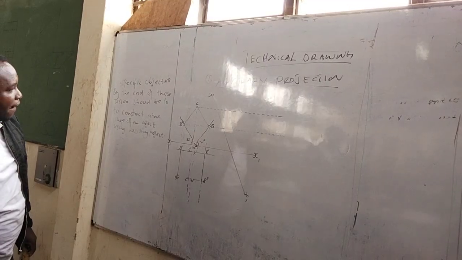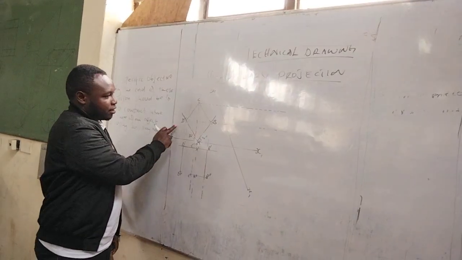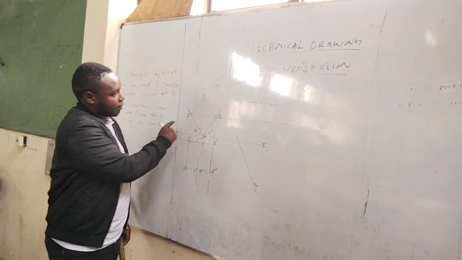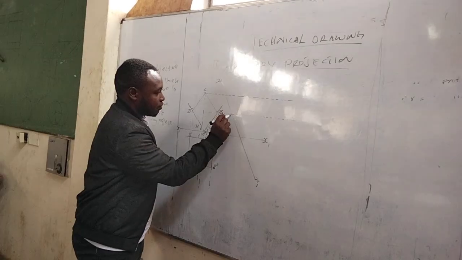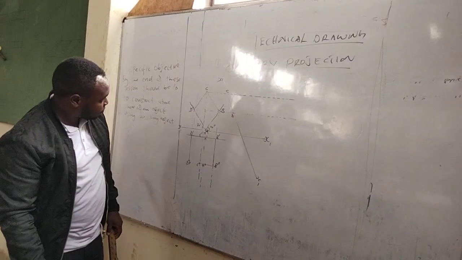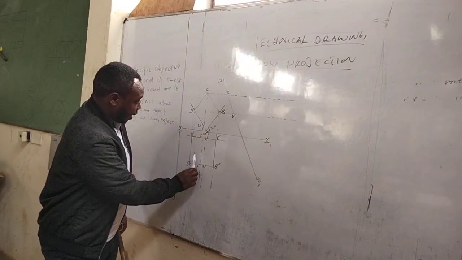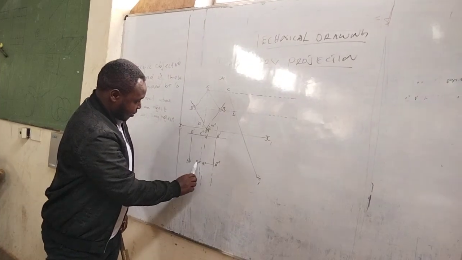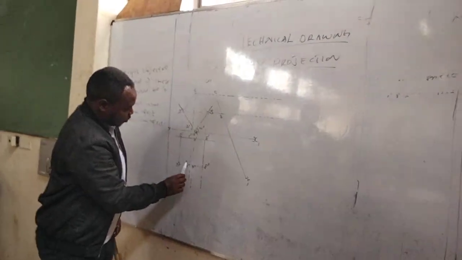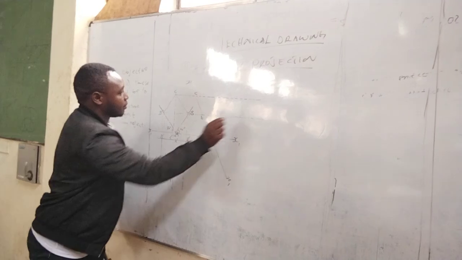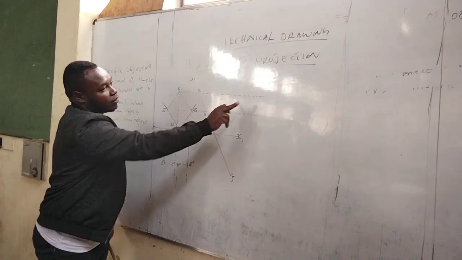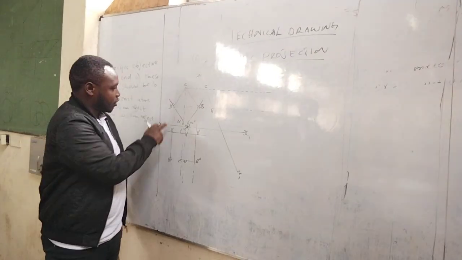Now, I have a distance D to B. Let me call this point D. I call this point C. So this point is carrying C prime and C2 prime. When we go through this line, this other line, we have C prime and C2 prime. So it is along that line. Same case to D.